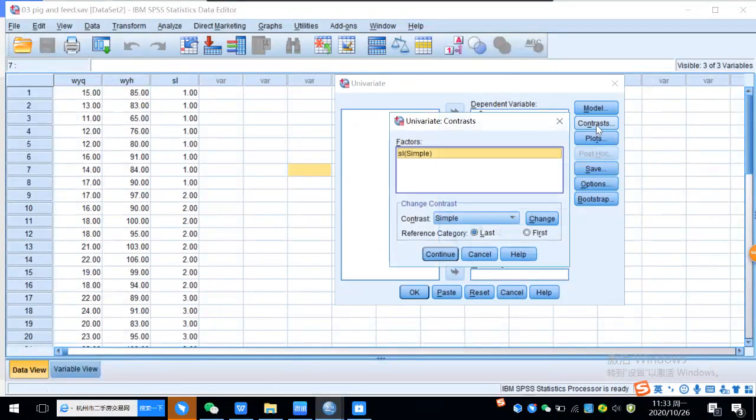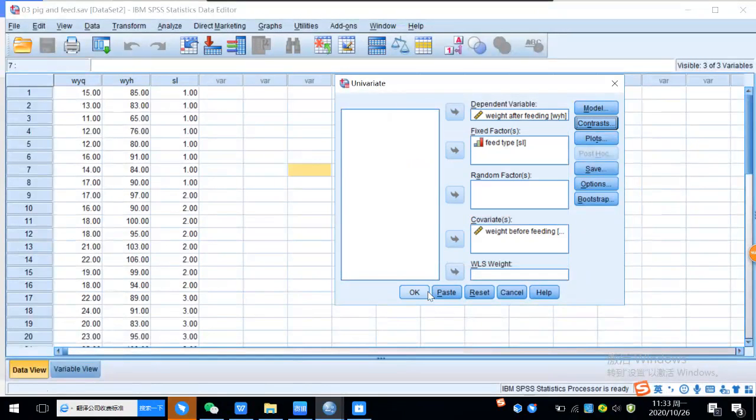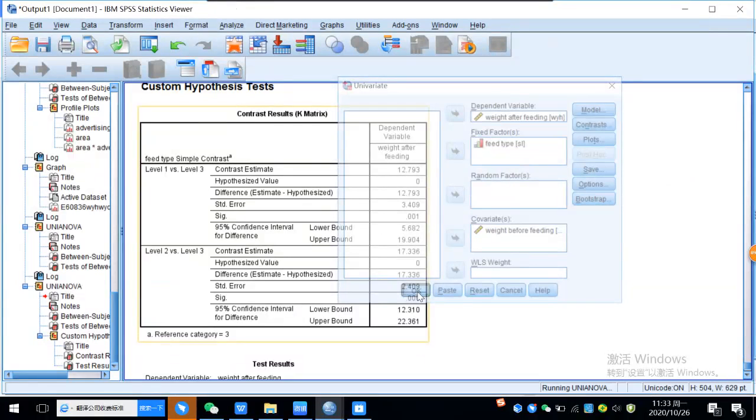We will change the reference category from last to first. Change, so you can see it shows first. Continue.